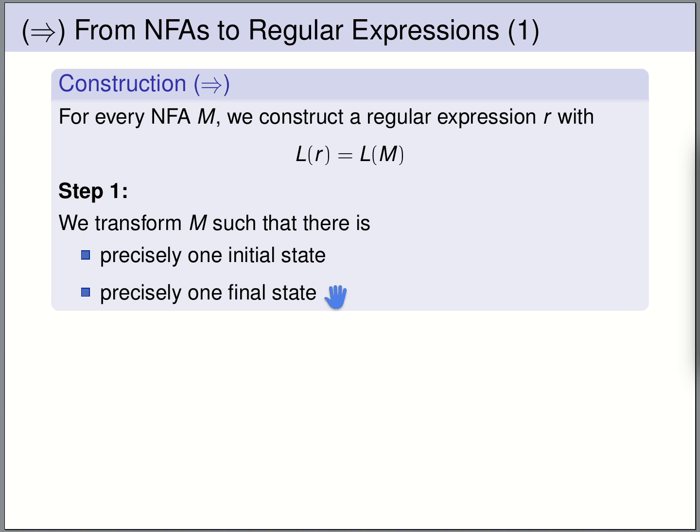And then we make this fresh starting state the only starting state of the automaton. And likewise, for making it have a single accepting state, we add a fresh state, we add lambda transitions from all the accepting states to this fresh state, and we define that the fresh state is the only final state of the automaton.